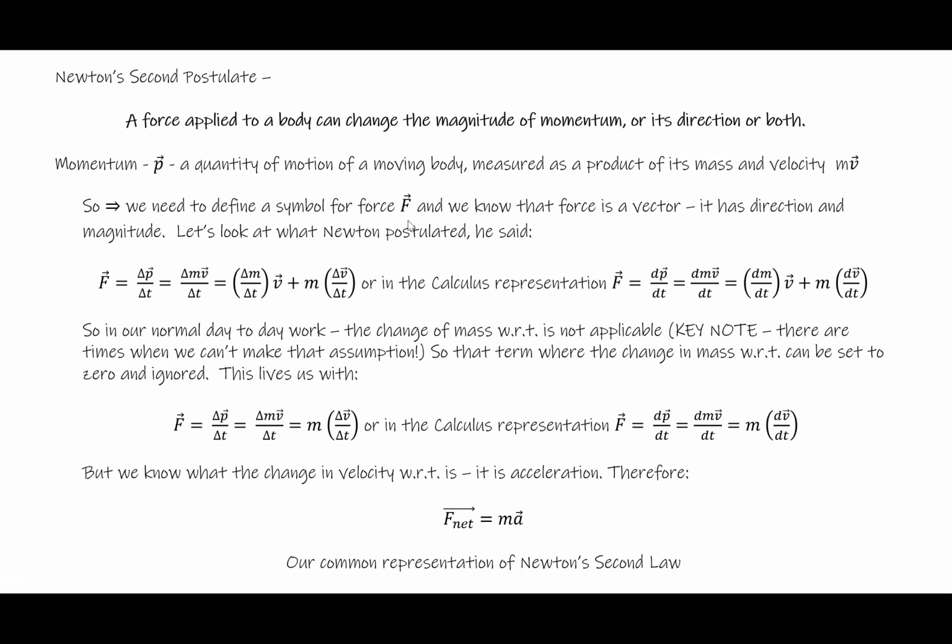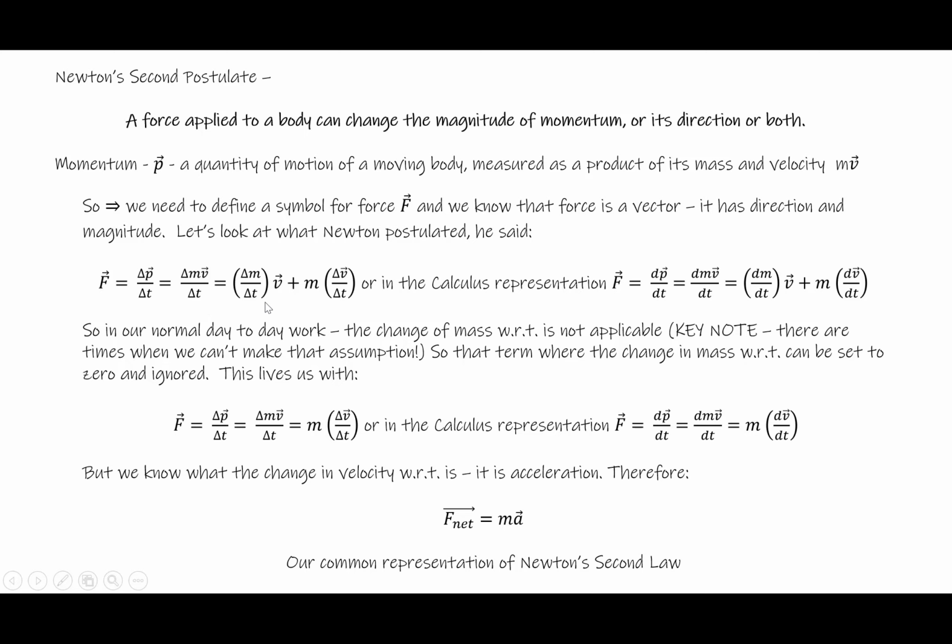And we want to look at how Newton postulated this. So Newton actually postulated that force was a change in momentum with respect to time, because my motion is with respect to time. So I can write this out here, that I get my change in momentum. All I'm doing is replacing P with respect to time.